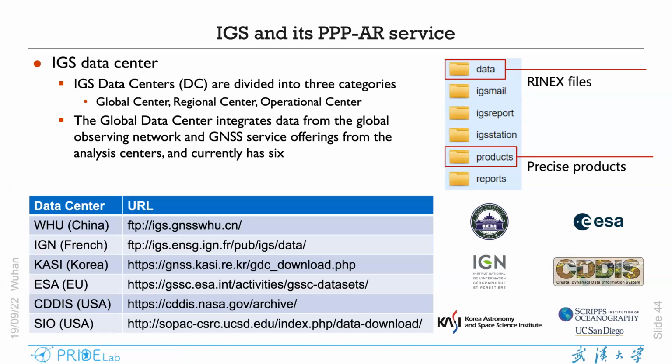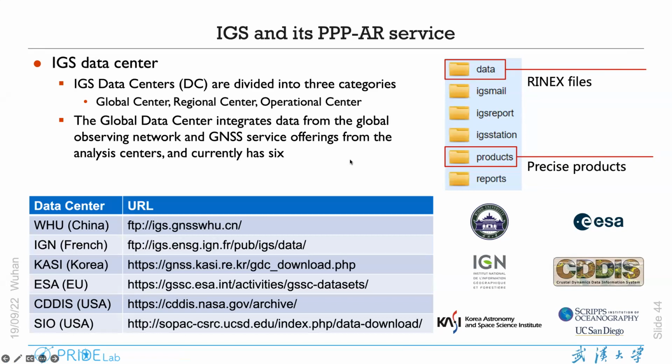We can do some exemplary data analysis here. The IGS data centers are divided into 3 categories. First, we have the global centers, of which we now have 6. One is in China, and the others are in France and Korea. They have the full capacity to store the global network data over the past 3 decades.